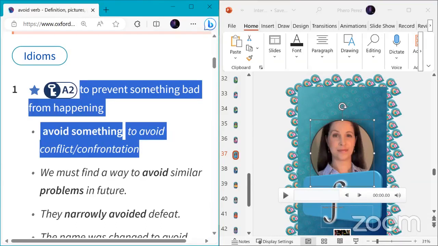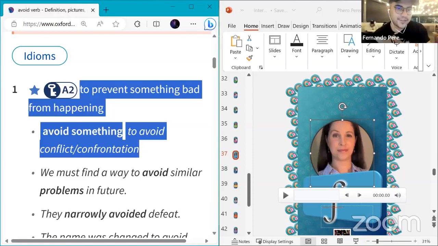For example, I want avoid. Before you continue, want is a verb. Avoid is a verb. What is the connector for words?